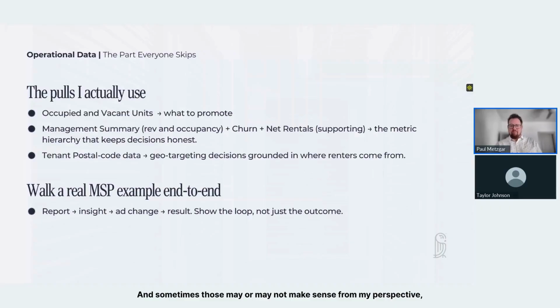And sometimes those may or may not make sense from my perspective, looking at a map. Sometimes they can be items as silly as not crossing a railroad track or not crossing a highway. Any physical barriers or kind of psychological barriers that may prevent tenants from doing business in certain areas. So we're looking to find those patterns and ensure that we're continuing to bring the volume of customers that is going to, again, make a difference in your business.